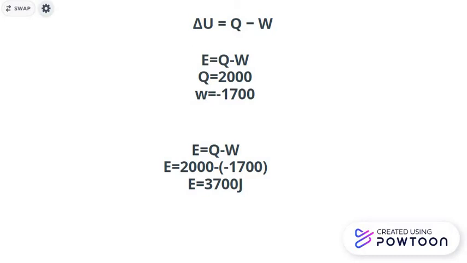This is because the work is done on the system. So using the equation, delta U equals Q minus W, Q is equal to 2000 minus negative 1700. So the total energy is 3700 joules.